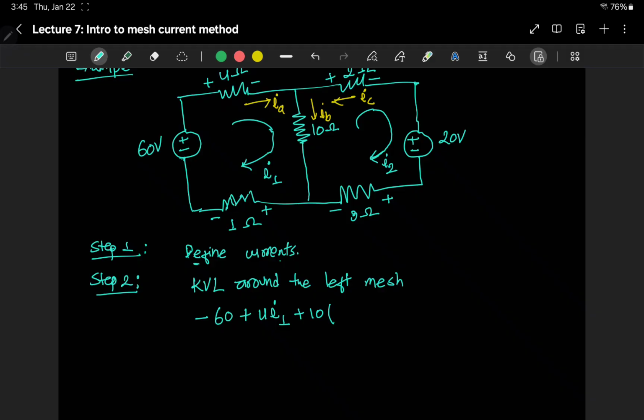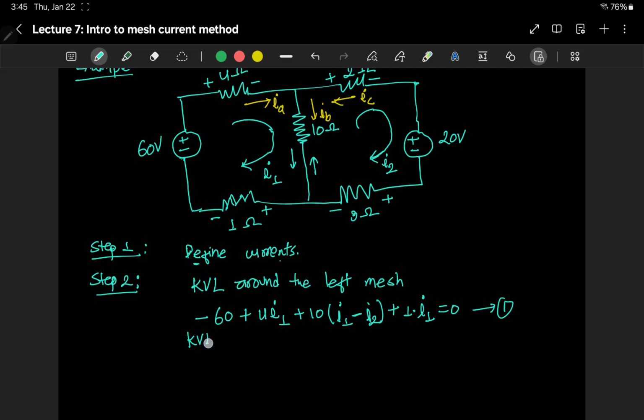For the 10 ohm resistor it's different, because here I1 is going down this way, which is positive, but in reference to I1, I2 is going in the opposite direction, so we take the opposite sign. So I1 is in the clockwise direction, minus I2 in the opposite direction. And finally, we have the 1 ohm resistor with I1 current. So that is our first equation.